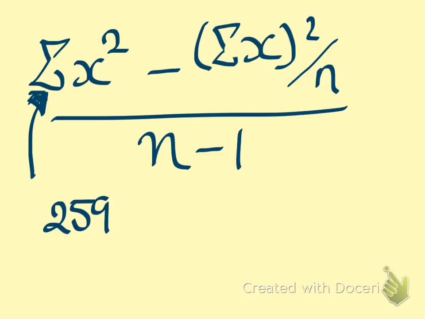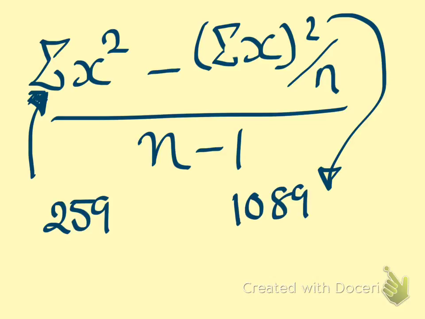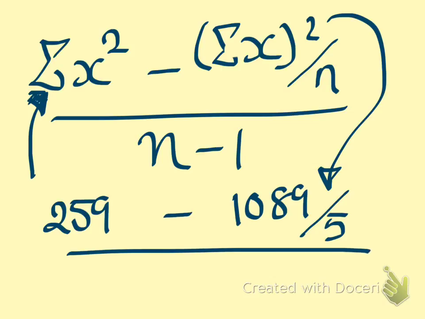We know that this value is 1089, and we have to divide this through by n, and n is 5. And then all of that is over n minus 1, so 5 minus 1, so that's all over 4. Okay, so this is our equation for variance.